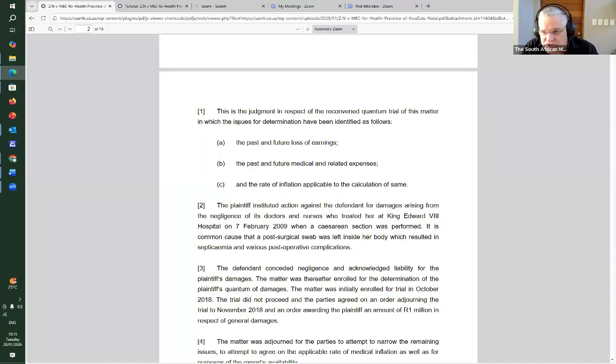You'll see she starts off, this is the judgment in respect of the reconvened quantum trial, so liability had been dealt with, you can already see that, of this matter in which the issues for determination have been identified as follows. It's a very important point that experts very often don't appreciate, and you will see that it comes back to haunt the experts in this case. Those that have trained with me know that I emphasize an identification of the issues.